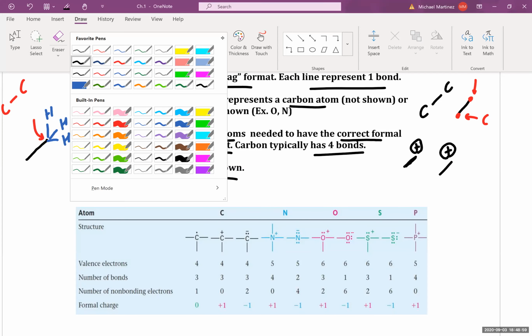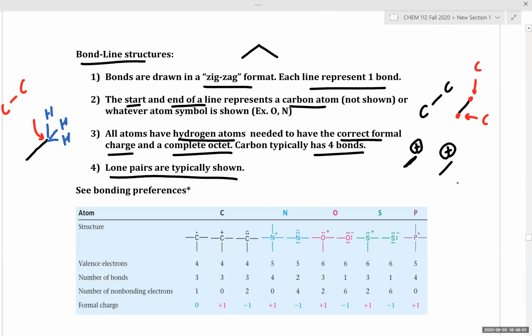If it's positively charged, is this carbon going to have more bonds or less bonds than usual? Less bonds. Yep, so it'll only have 2 hydrogens. Does that make sense?